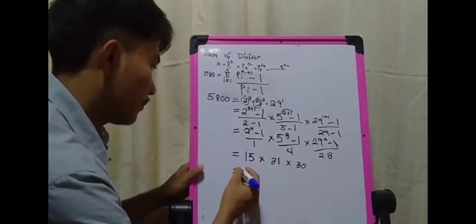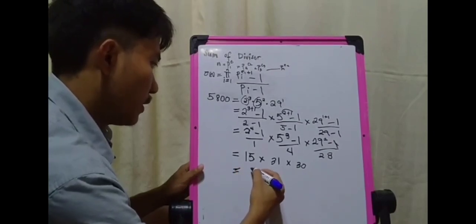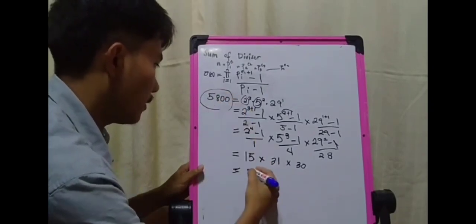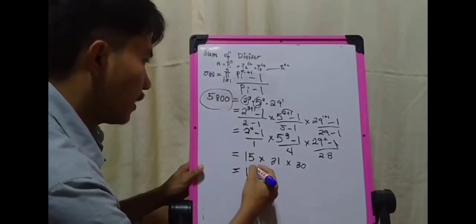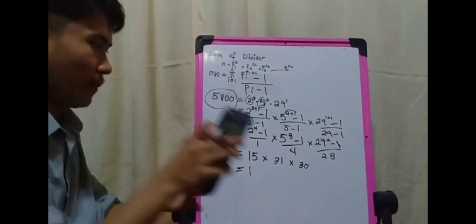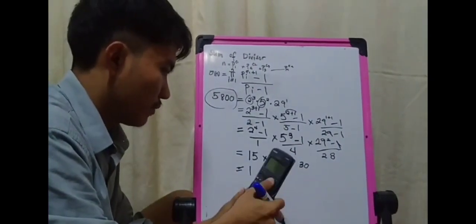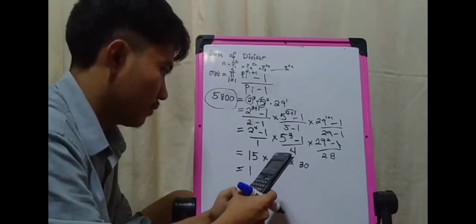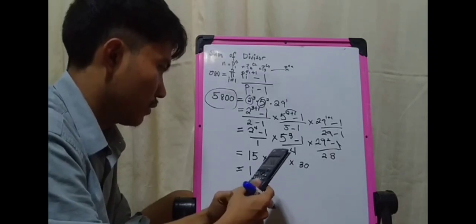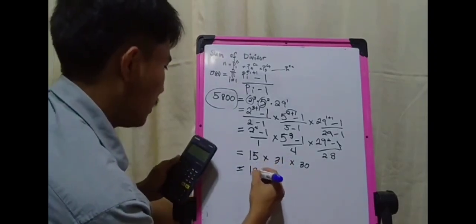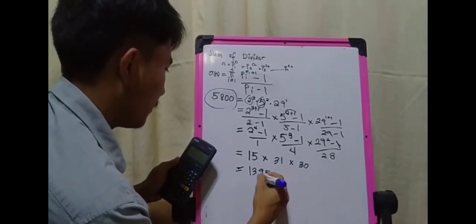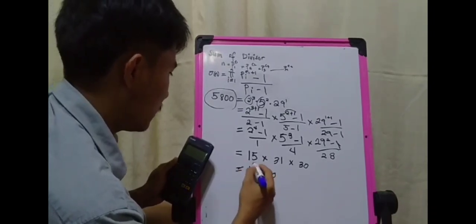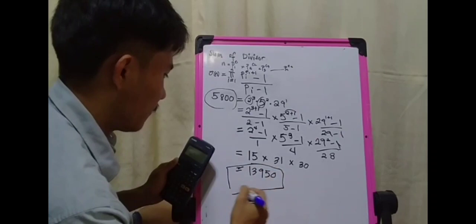So the sum of divisors of 5,800 is 13,950, and this is the sum of divisors.